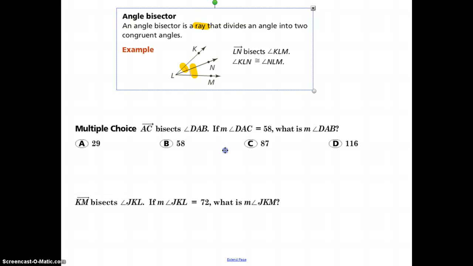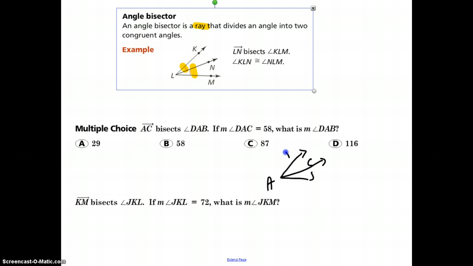So our multiple choice question here is ray AC bisects angle DAB. If the measure of angle DAC equals 58 degrees, what is the measure of angle DAB? So I need to be able to draw this to know which angle is which. Alright, so ray AC is my bisector, so that's the one going down the middle.